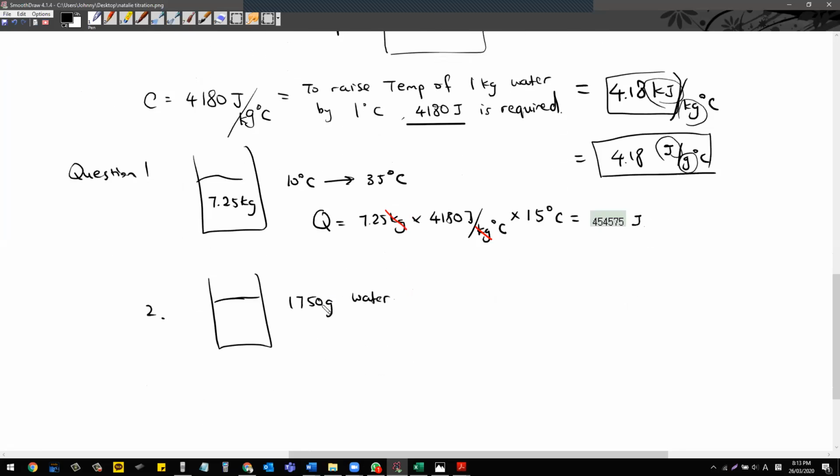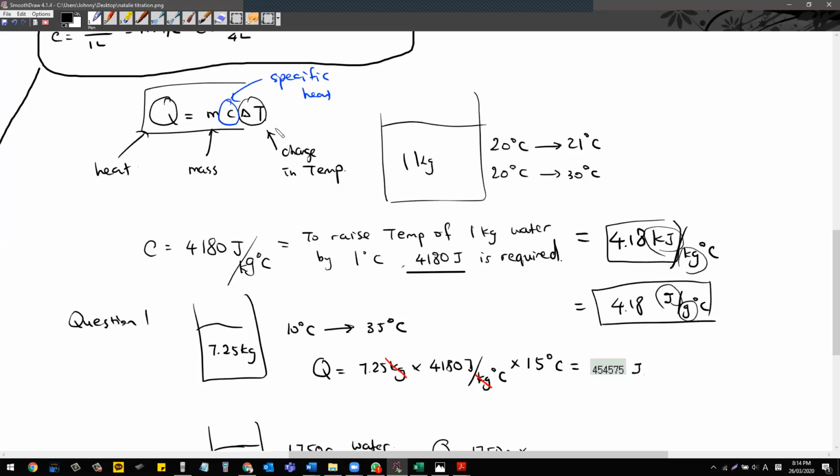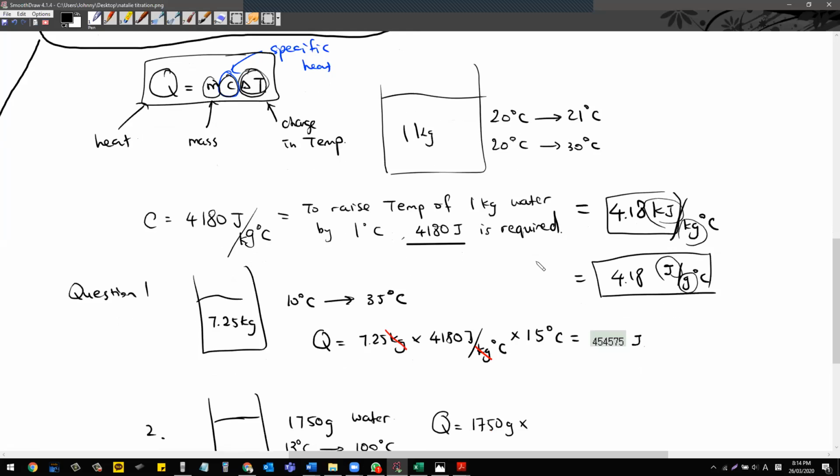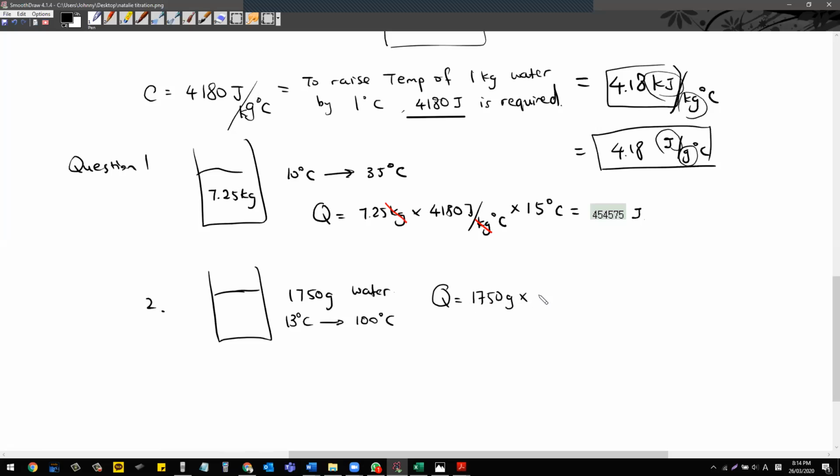Question 2. Let's say you have 1,750 gram of water. It is at 13 degrees Celsius. It's going to be raised to 100 degrees Celsius. How much energy is required? If you want to use gram, then you've got to choose this one, so you have a choice. Whenever you use the equation mc delta T, it's better to include all the units, because sometimes it's very confusing.